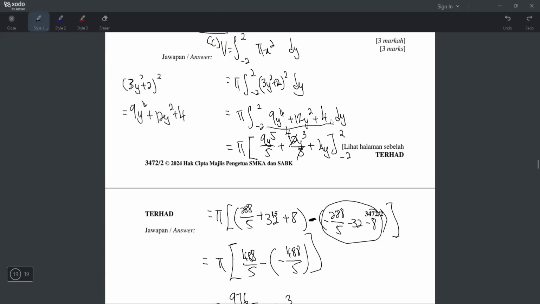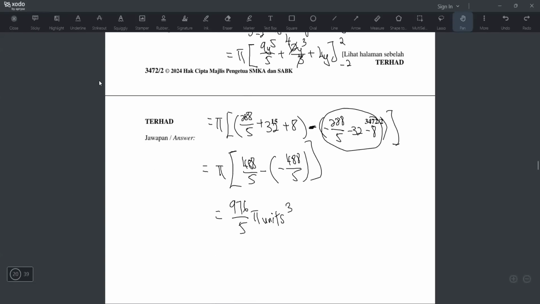So it is correct, right? And then when you integrate, 9y to the power of 5 over 5 plus 12y to the power of 3 over 3 plus 4y, from negative 2 to 2. Substituting 2: 32 times 9 over 5, that's correct, 288 over 5, plus 2 to the power of 3, 8 times 4 is 32, 2 times 4 is 8. Correct. Negative 32, negative 288, negative 2, negative 8, 32.